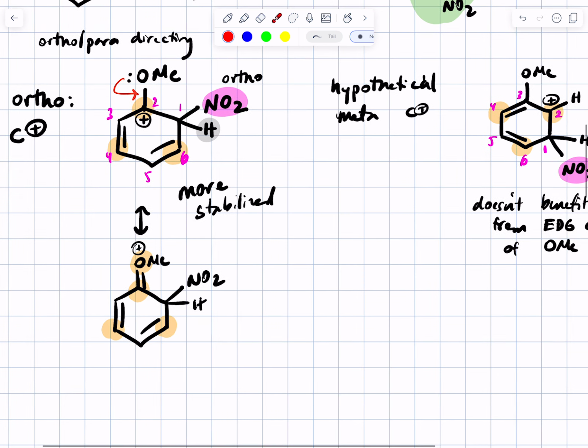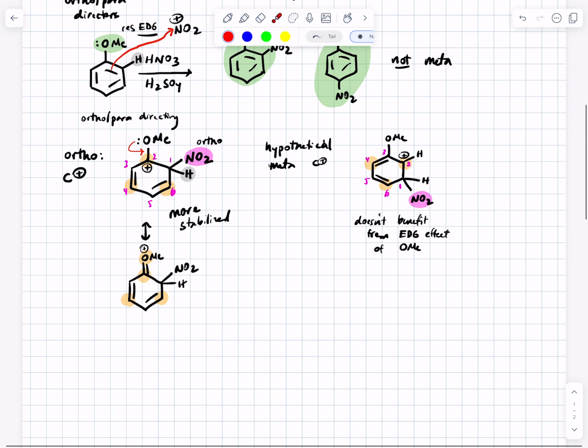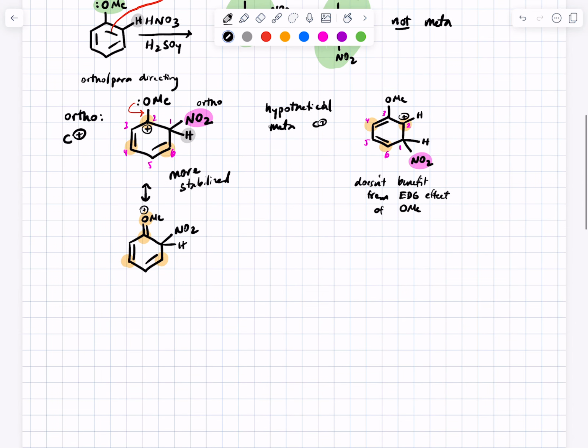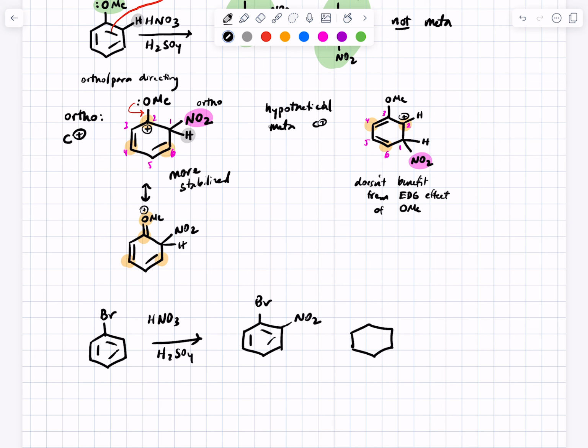Now this is true even for, say, weak resonance donating groups. So if we had a bromo on there to begin with, and then wanted to do a subsequent reaction, since we're on the nitro kick, we would likewise, with the bromo donating group, see exclusively ortho and para substitution.